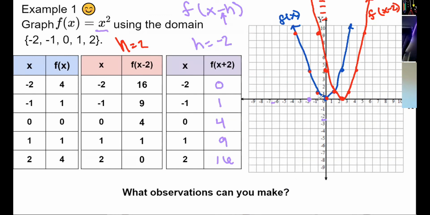At -1, it's 1. At 0, it's 4. At 1, it's 9. And the last one at 2, it's 16. So it's all the way up here.